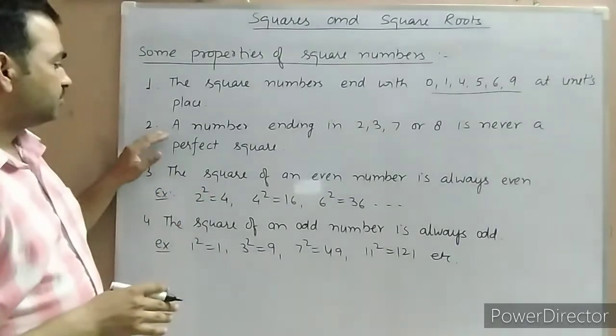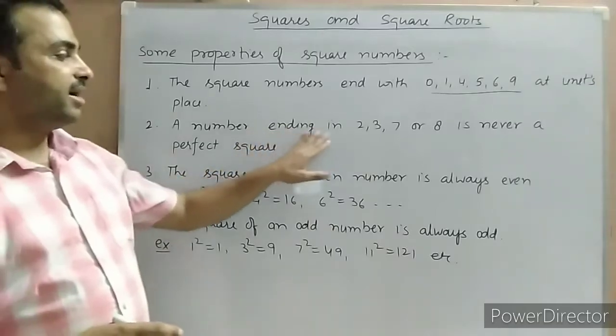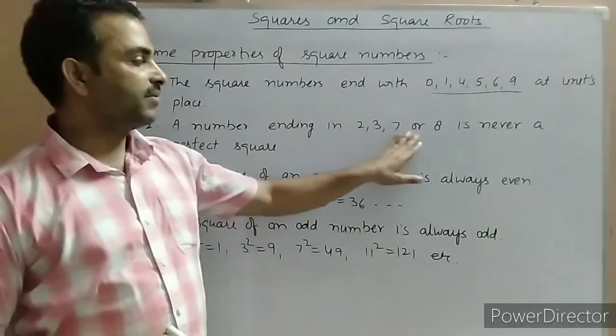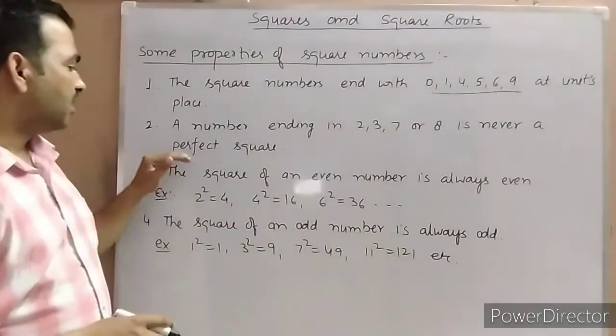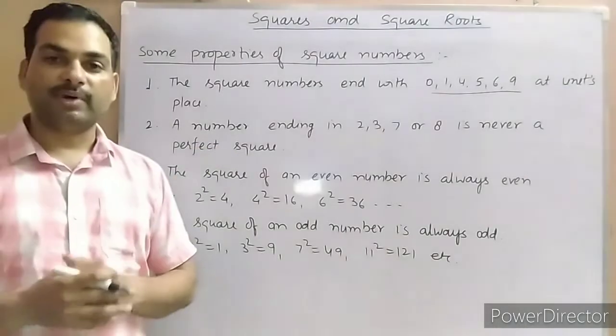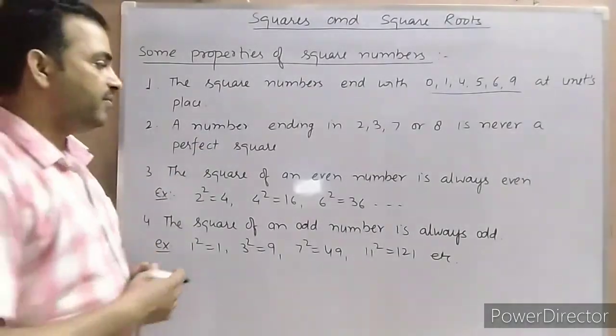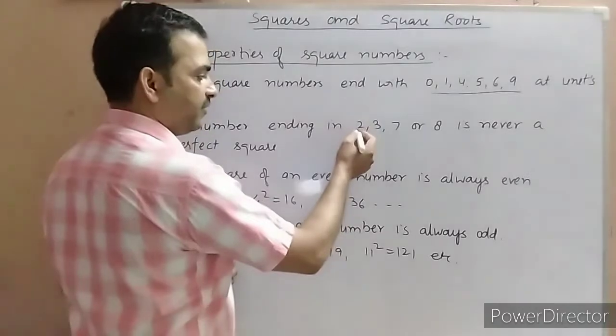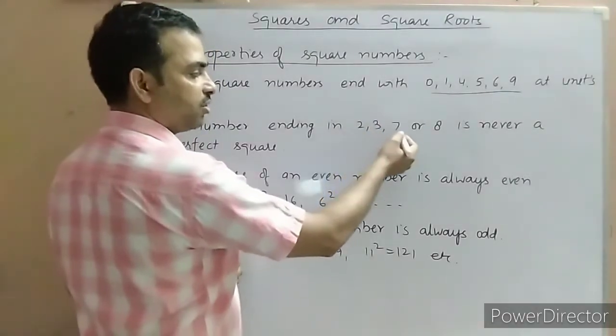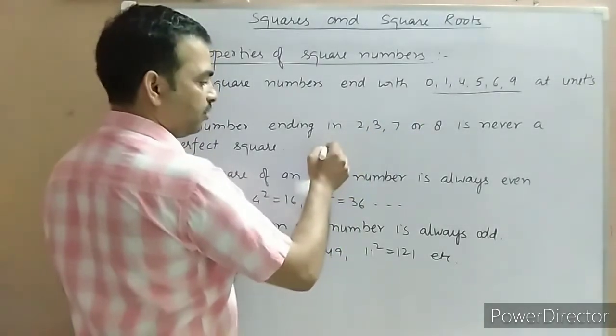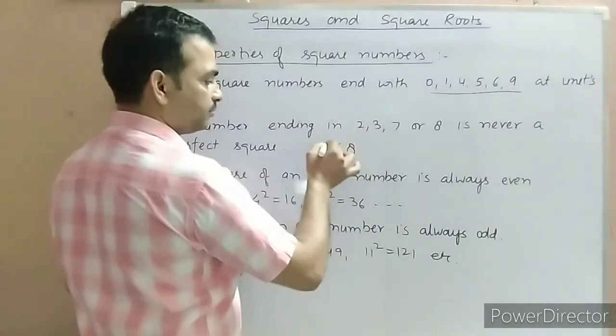Second property, a number ending in 2, 3, 7 or 8 is never a perfect square number. Randomly, if we have any number which ends with either 2 or 3 or 7 or 8, we can write 168.